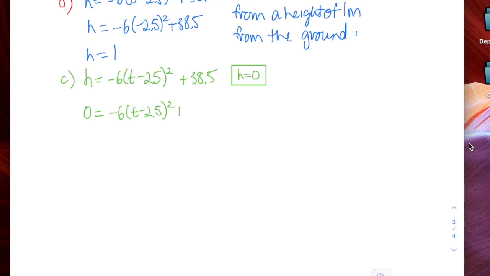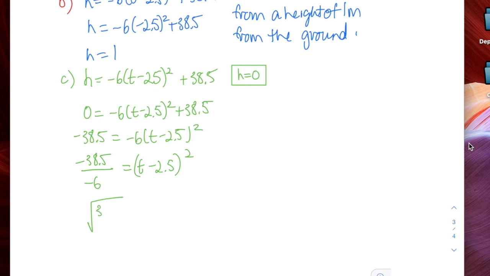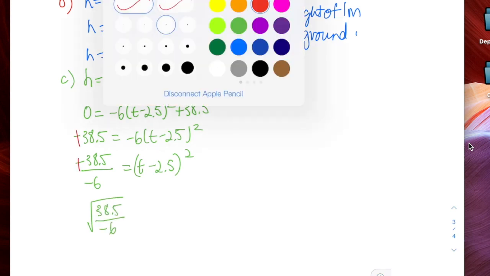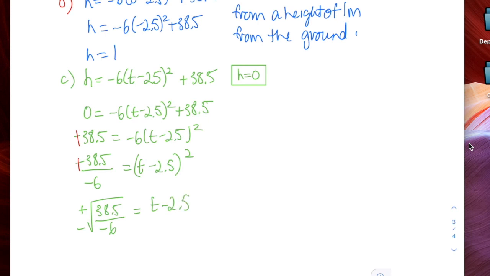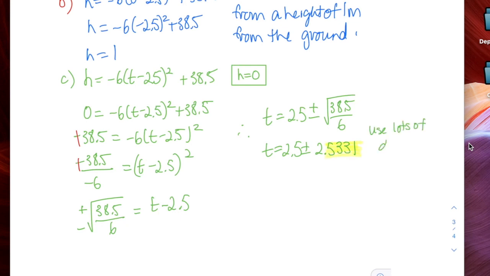So now we're going to put into play what we learned in part 1 of this lesson. We're going to want to use a lot of decimal places here so that we have the option to round later.